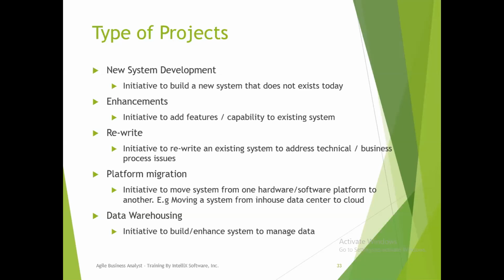Yeah, so don't think these are at the company level. These are at the project level. A company may have a whole bunch of projects. A company of the scale of Chase or Nationwide, or even Facebook or Microsoft, may have thousands of data warehousing projects going at the same time.